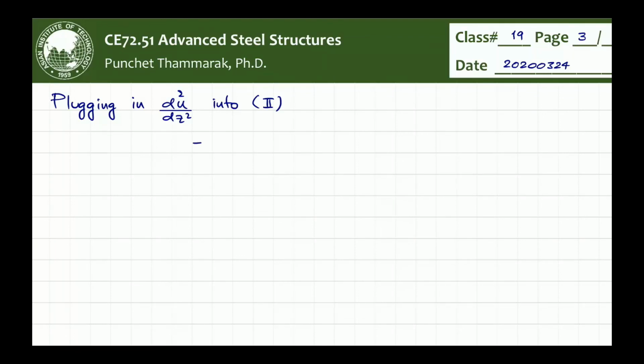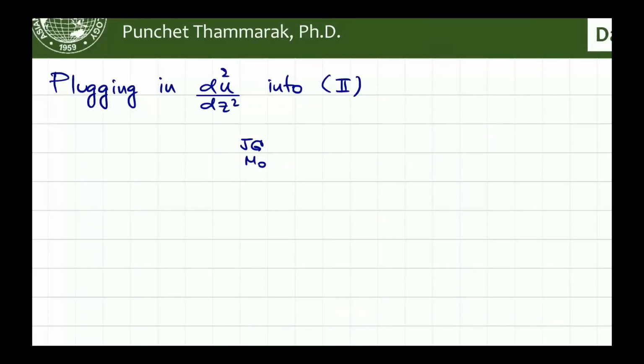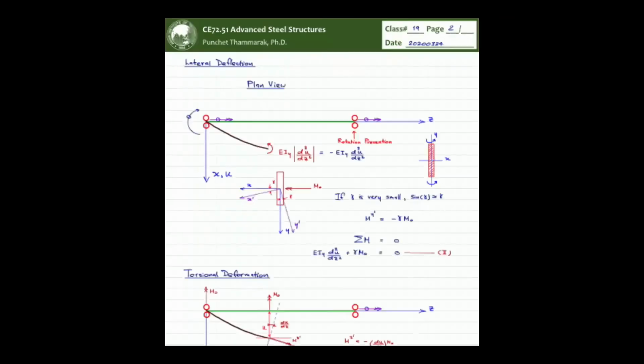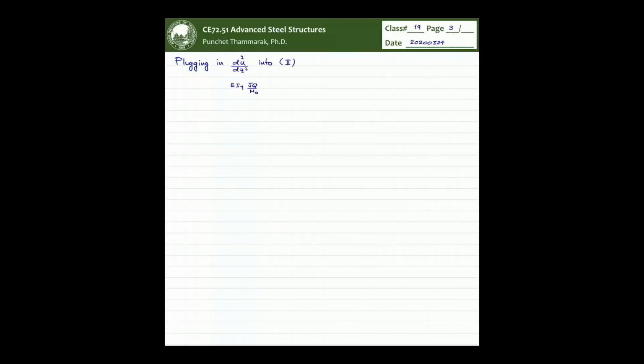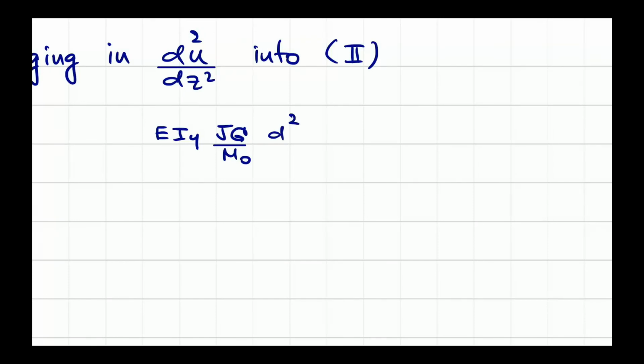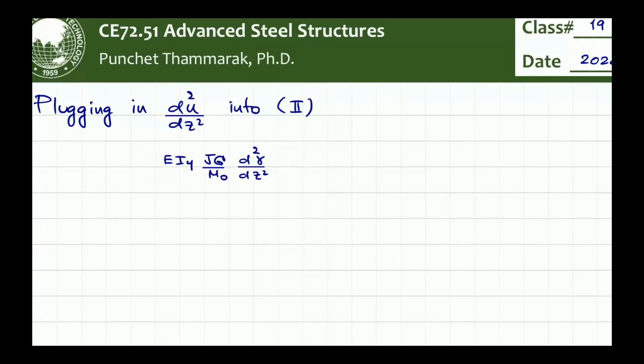So I have the jg over m naught, times the EIy, and then take this in jg and then the second derivative of gamma with respect to z, second derivative of gamma with respect to z square, and we have gamma m naught plus gamma m naught equals to 0.